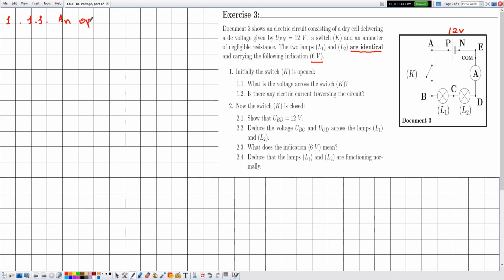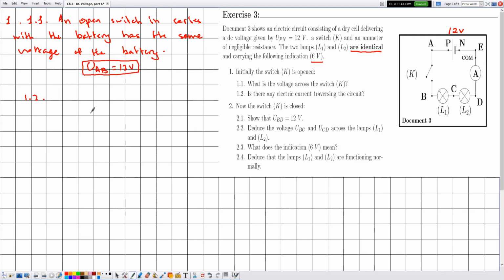So an open switch in series with a battery has the same voltage of the battery. So in this case, UAB is equal to 12 volts.